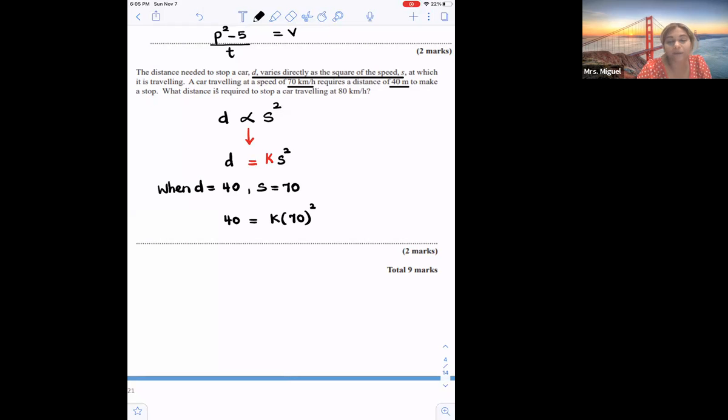How are you finding k? Well, you have to divide by 70 squared on both sides. So go ahead.